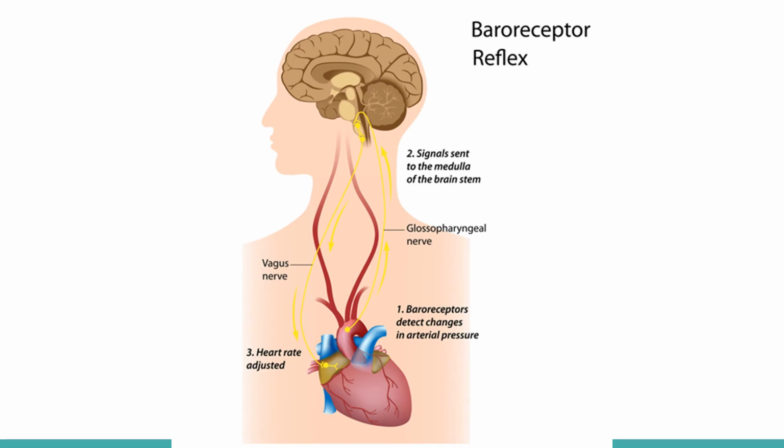Just to give you a picture, and I know you've seen this picture before, we're talking about the baroreceptors here in the aortic arch, with the little yellow ones following the vagus nerve, and then the glossopharyngeal nerve along the carotid artery, and they send signals into the medulla of the brainstem.